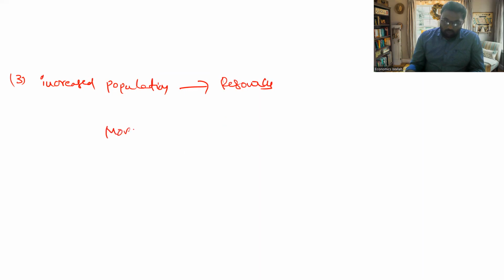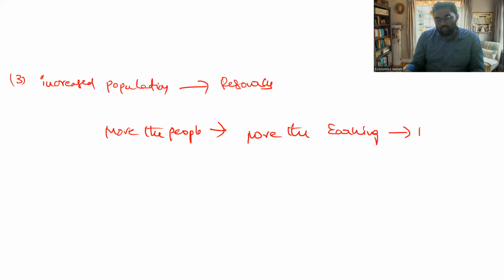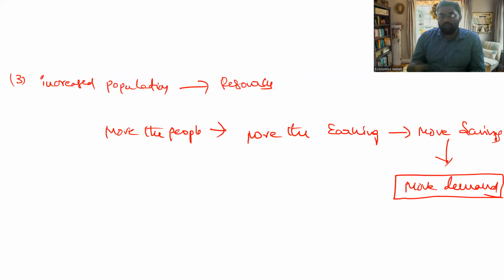The more the people, the more the earnings, more savings. Obviously when there are more savings in our hands, there is more demand. So in this way also, the demand for goods and services will increase. So obviously inflation comes into the picture.